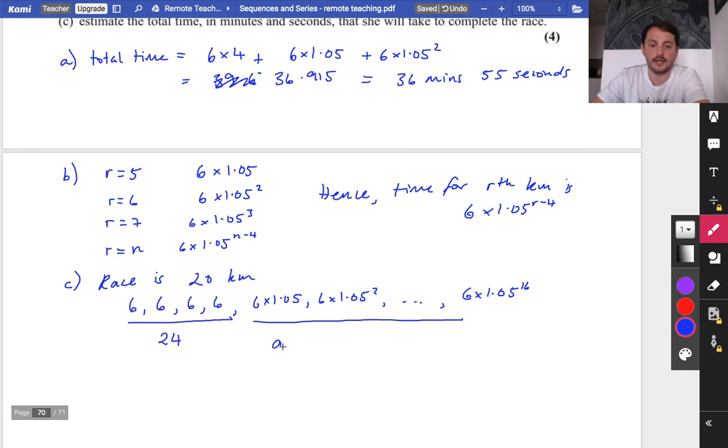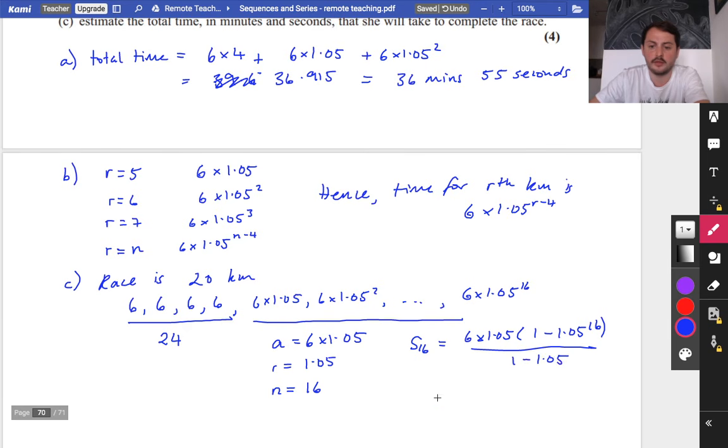For this one, I can see that A is 6 times 1.05, R is 1.05, and the number of these things is 16, and I want to work out how long all these things are going to be when added up. So it is going to be A brackets 1 minus R to the power of n, all divided by 1 minus R. And then we'll just add on the 24 minutes as well.